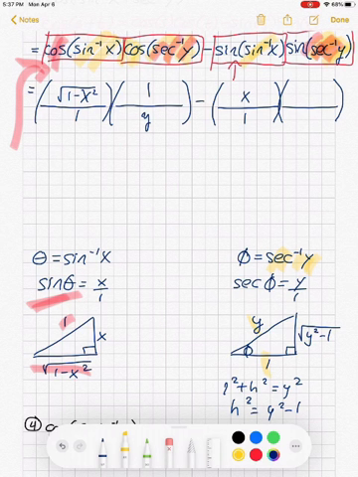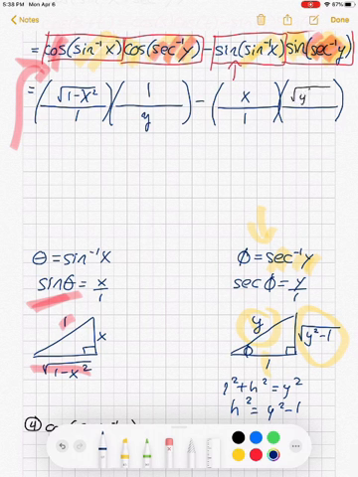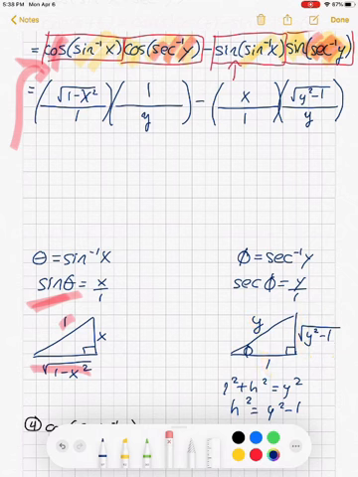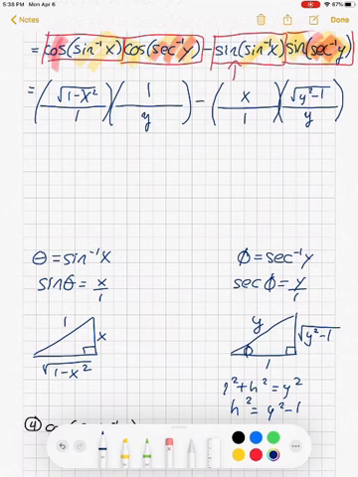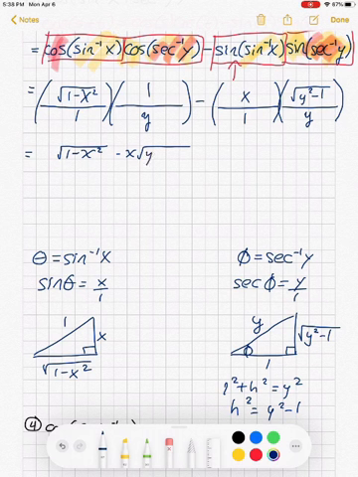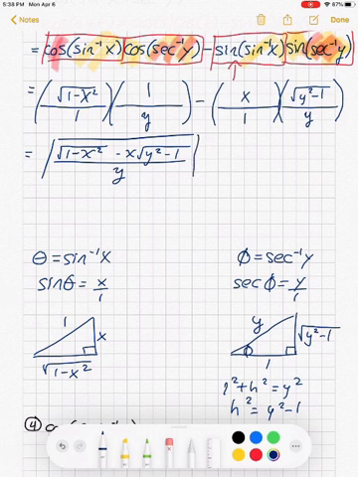Last one. For my secant triangle, this one, I need sine. So that'd be root y squared minus 1 over y. So I guess we already have an LCD, don't we? And there we have it.